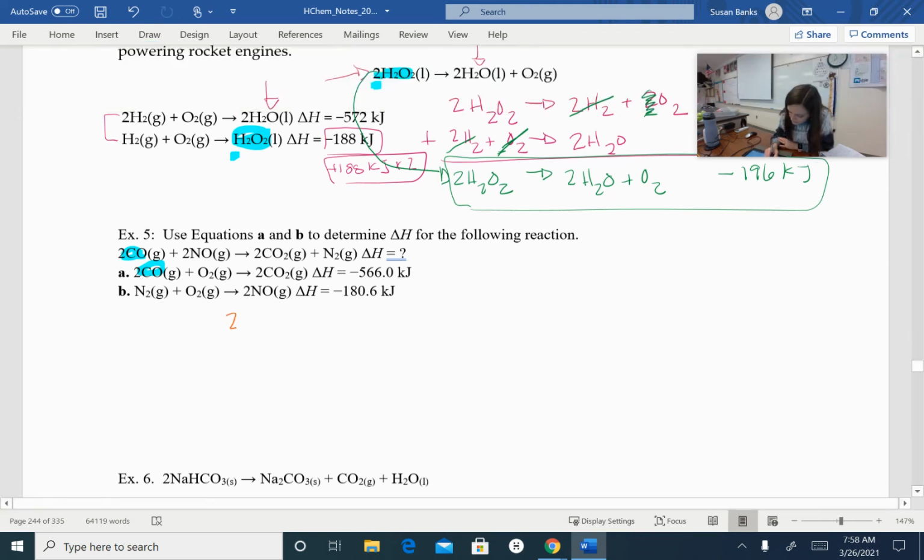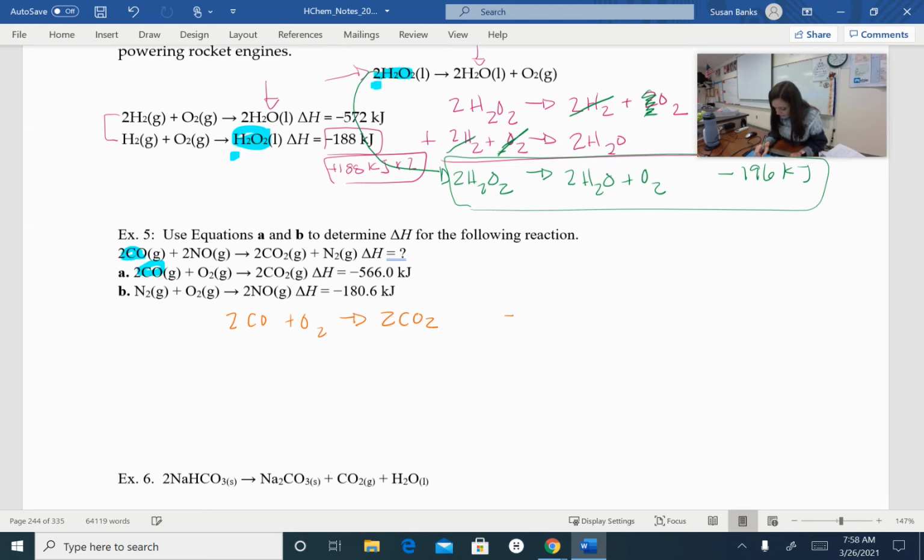So I have 2 carbon monoxides plus oxygen, going to give me 2 carbon dioxides. Okay, and that is a negative 566.0 kilojoules.